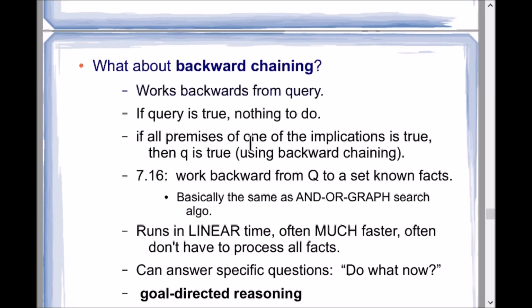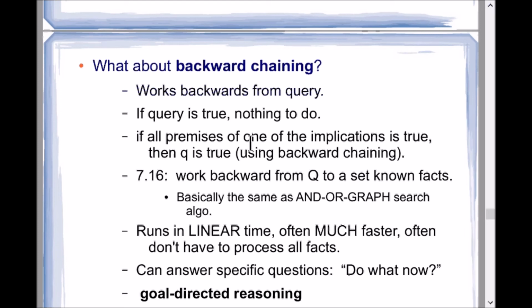Okay. But if all of the parts of the premise aren't known to be true at that instance of time, well, you can just recursively apply this backward chaining until either you run out of premises to examine, or you come across an implication where all of the premises are true.